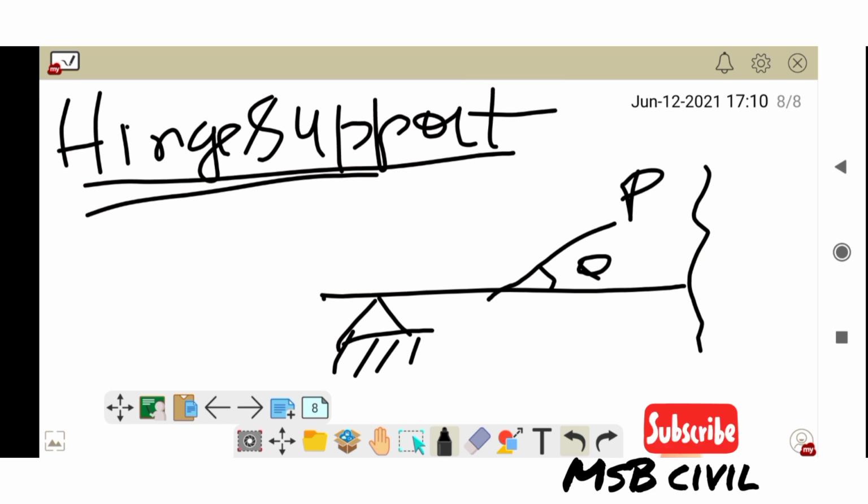When the load acts, the deflection will occur in this direction.